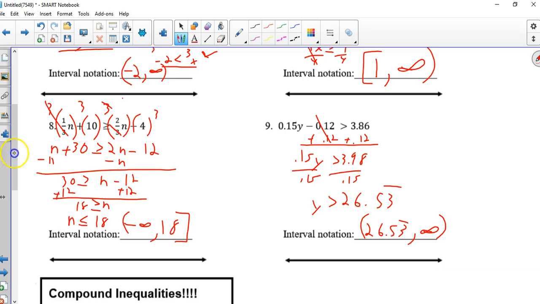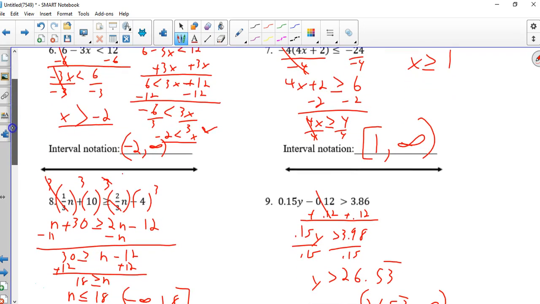I just realized I forgot to graph these. I apologize to you. So going back to number 6, we put a -2. It's going towards positive infinity. It's an open dot that way. For number 7, it's 1, solid dot, going towards positive infinity.